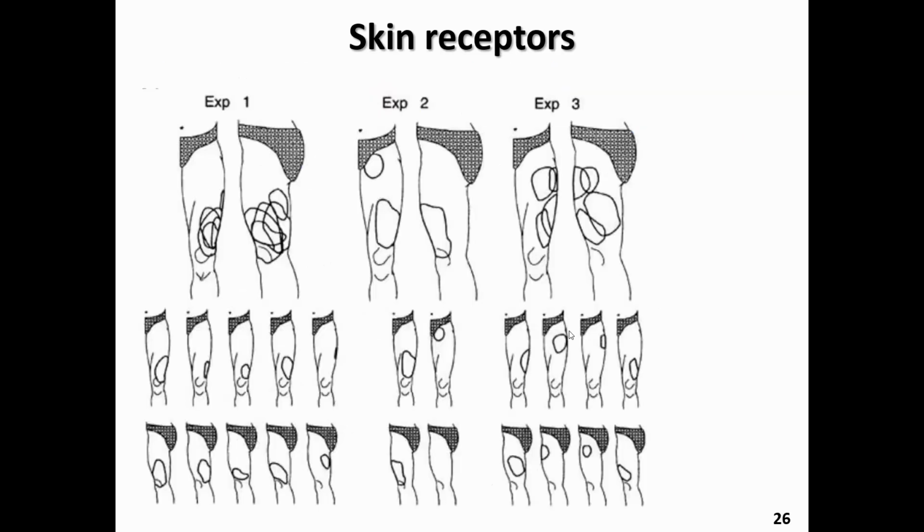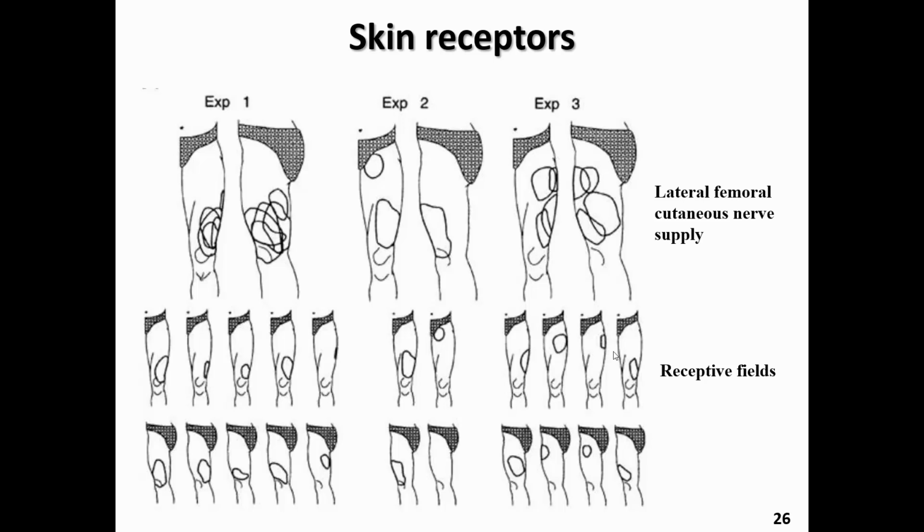In this illustration here, the researchers attempted to map out the receptive field for the lateral femoral cutaneous nerve. And as you can see here, the different participants in the study, and these drawings represent the different participants through a series of different experiments, the receptive field did vary between people.